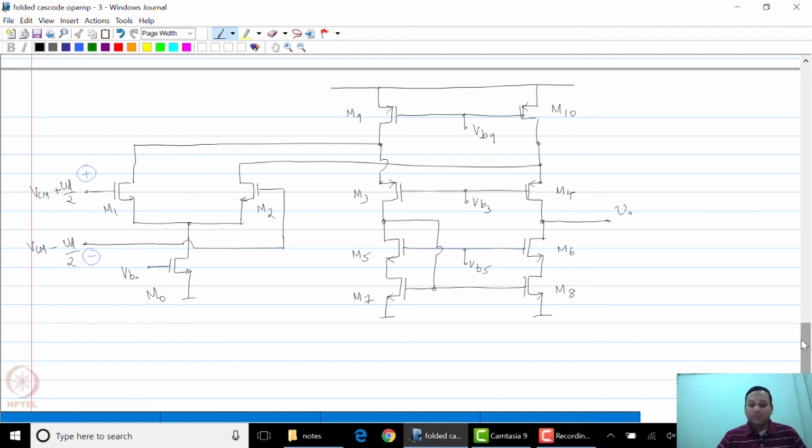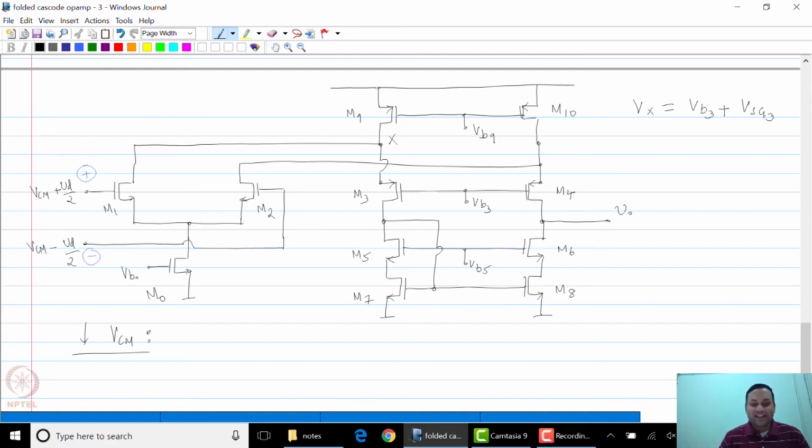Let us now assume that the input common mode starts to drop. So let us say we decrease VCM. What is the common mode at node X, for example? Clearly the common mode at node X, which I'll call Vx, has to be Vb3 plus Vsg3. So the common mode at node X is relatively fixed, because Vb3 is fixed and the currents in the transistors are assumed to be fixed.